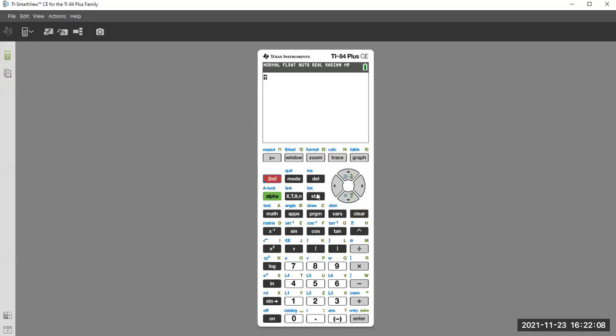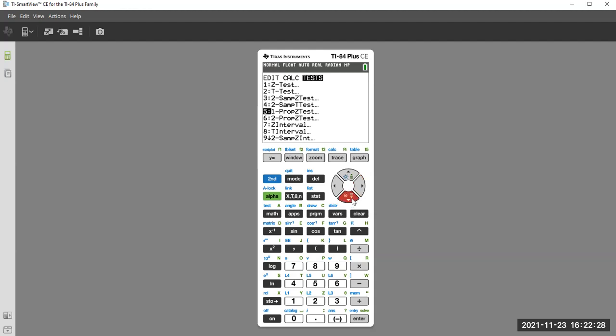And that lives under stat. And by the way, I believe all the keystrokes are laid out pretty clearly before the problem set in the respective sections.